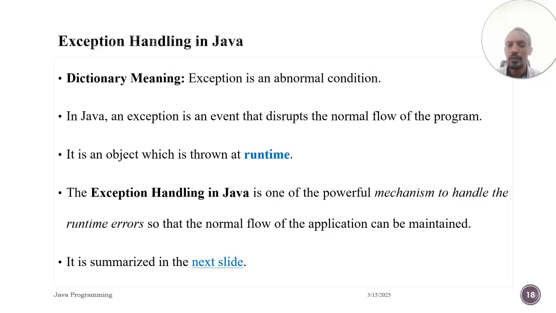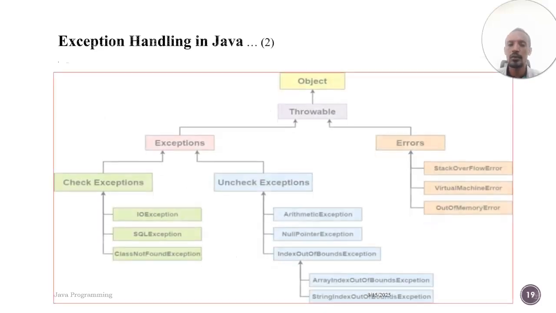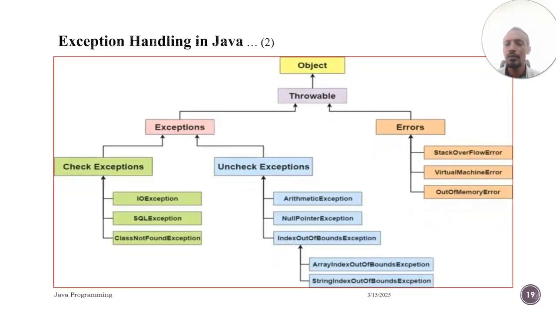So, exception handling. Exceptions can be categorized into a number of cases. We will see that. The first one: everything in Java is considered to be an object, because Java is an object-oriented programming language. That's why they mainly focus on the object. These objects are always throwable.